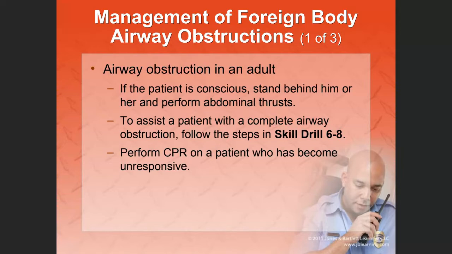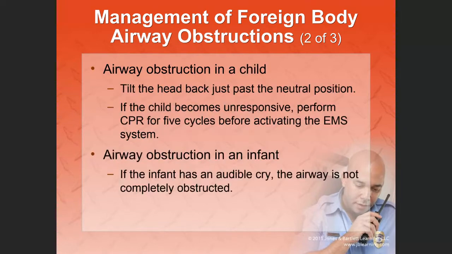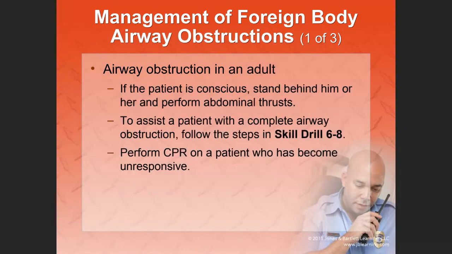And really, the only significant change is if the patient goes unresponsive and you suspect airway obstruction, before you do any ventilations for this patient, you will assess the airway to see if you can see the object. And if you can physically reach it, you remove the object from the patient's airway passage.